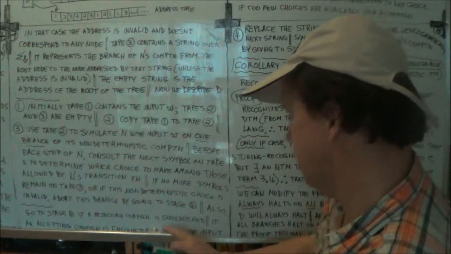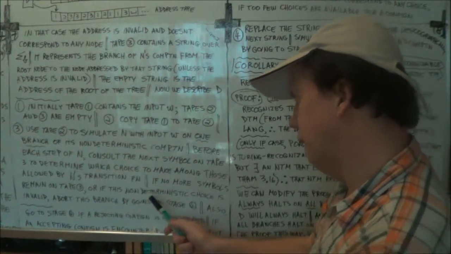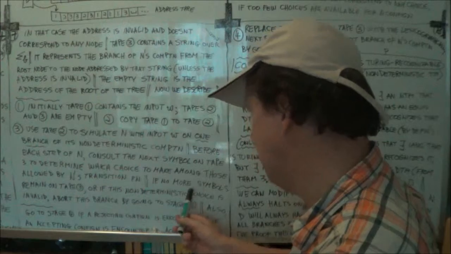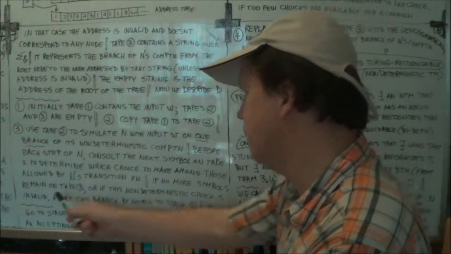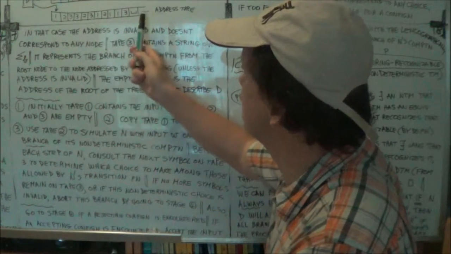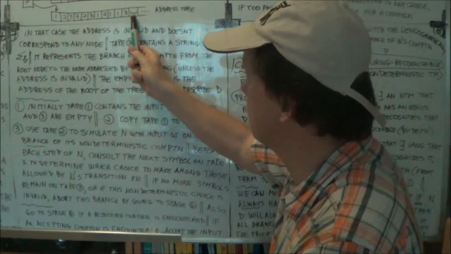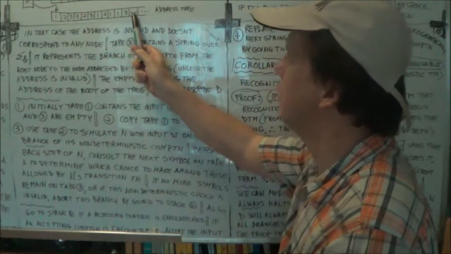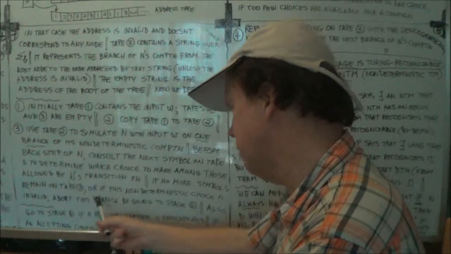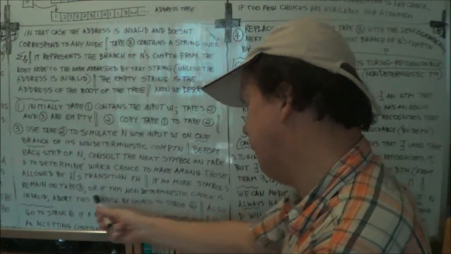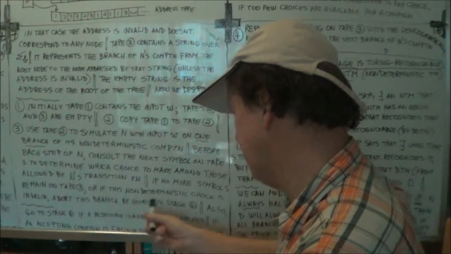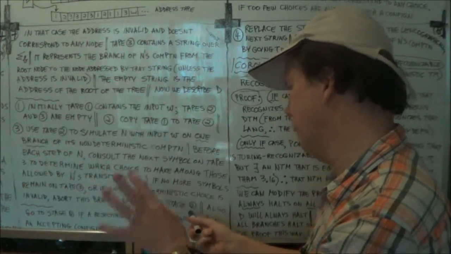Right, now, okay, so if there are no more symbols remaining on tape 3, so you get to here, so no more non-blank, right? And you get to here, then what do you do? Well, then you go to stage 4.